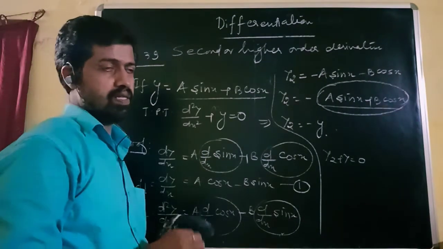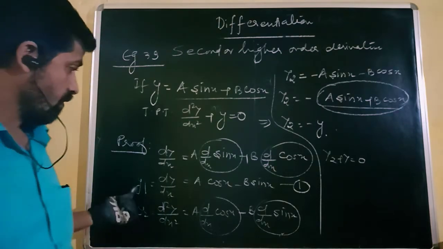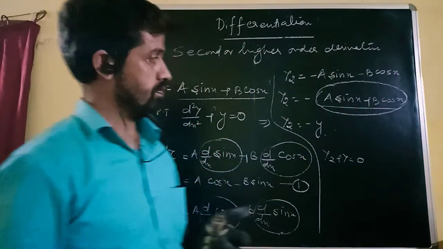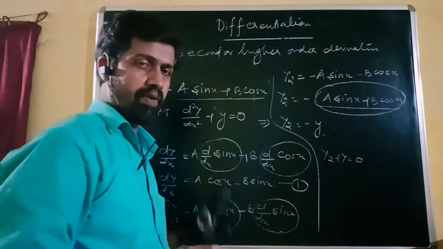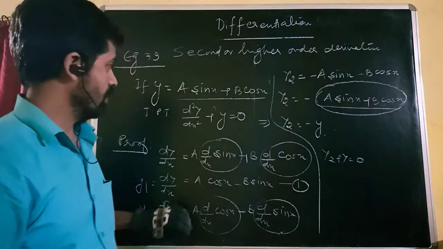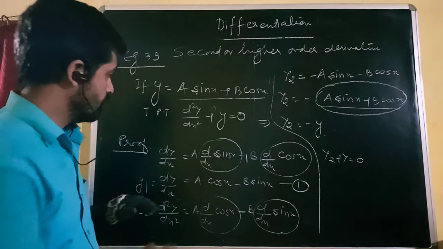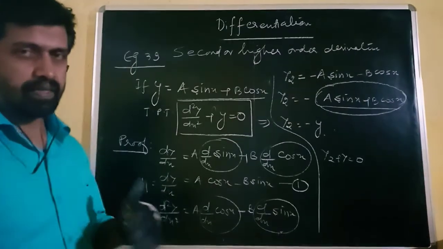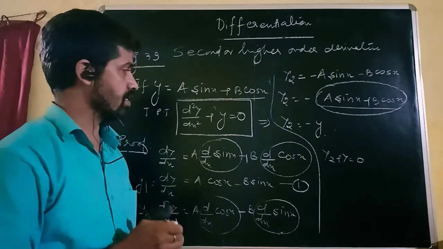Some of the children may adopt a method that they get y1 and y2 separately, and instead of concentrating here, they take out y2 and y1 value as per the requirement of the question, and substitute in the proof part, and then anyhow manage to cancel the terms with plus and minus and get 0.